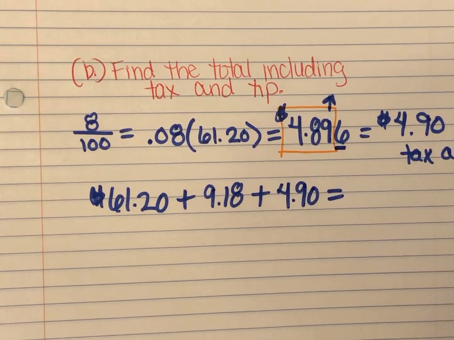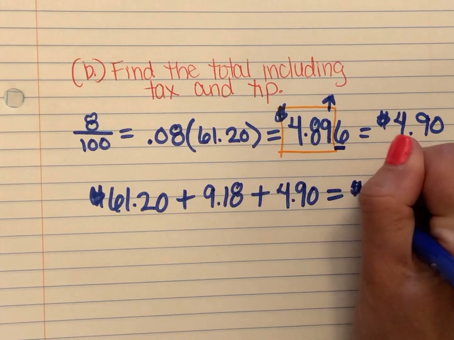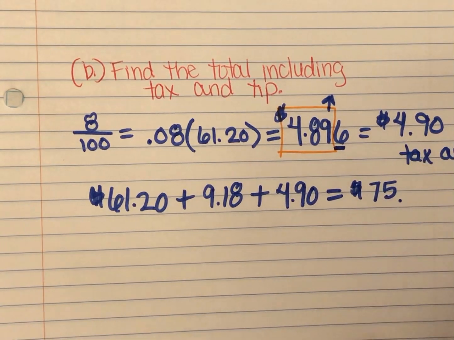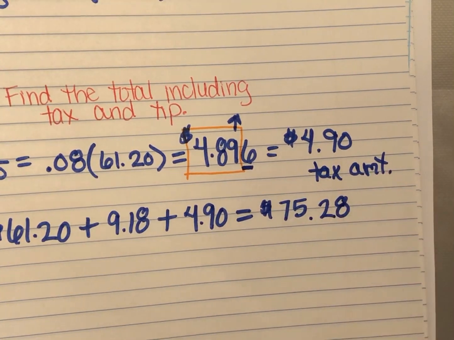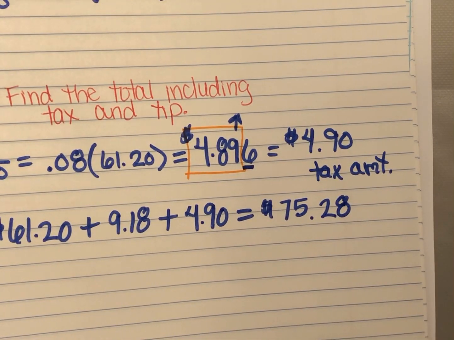That's going to be your total. Okay. So I'm adding it over here on the side with my calculator. $61.20 plus $9.18 plus my $4.90. I get a total of $75.28. Okay, so that would be the whole total.